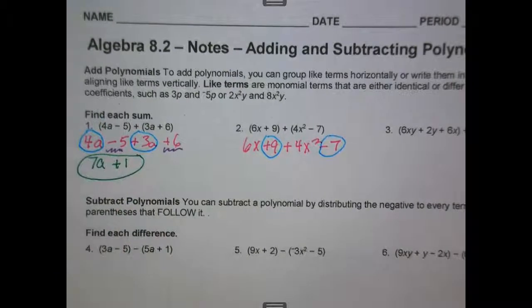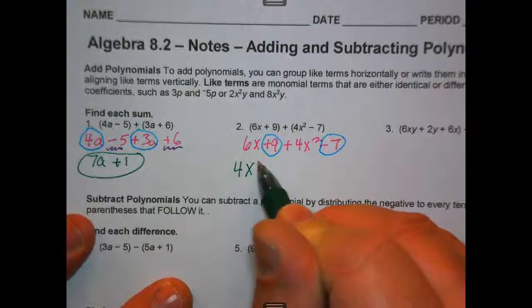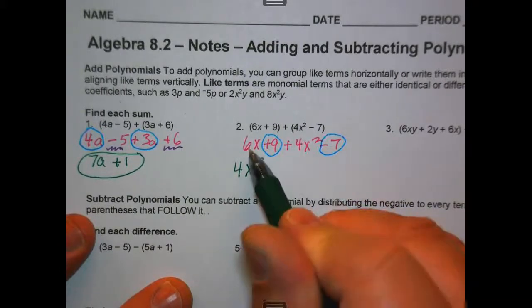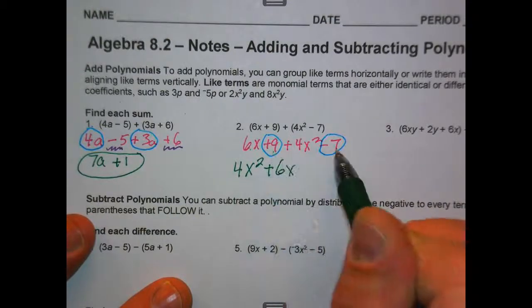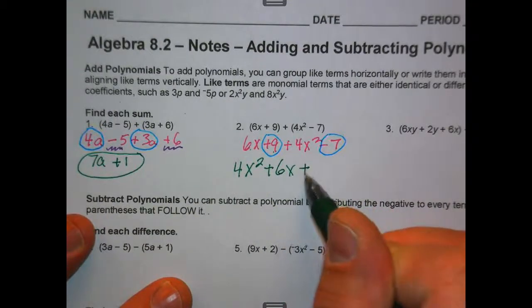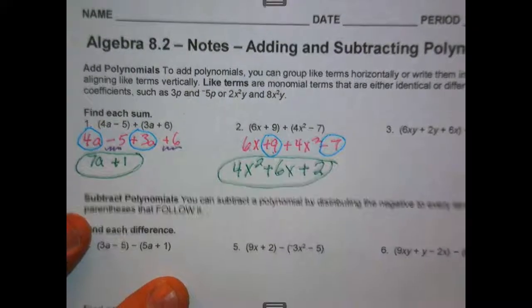Now, don't forget, Gabby, to put this in standard form from highest degree to lowest degree. So what's my highest degree here? Then combine the plus 9 and minus 7. Plus 2.